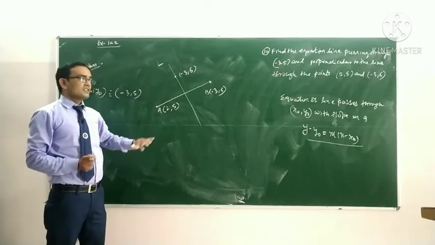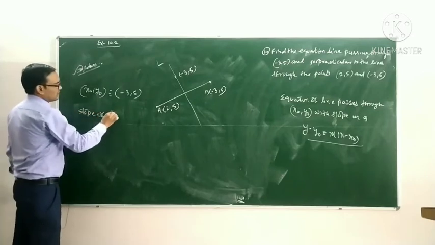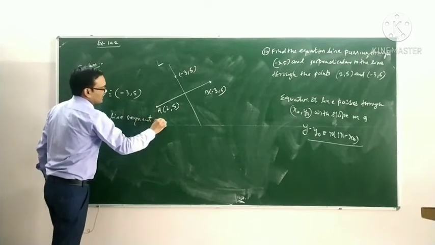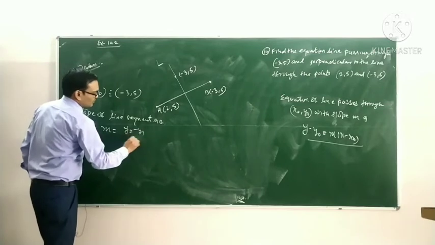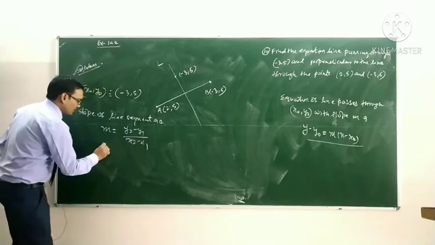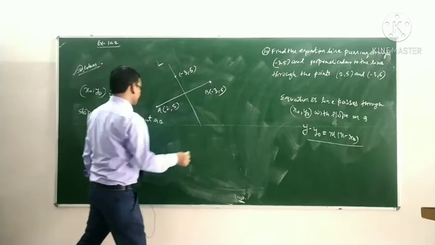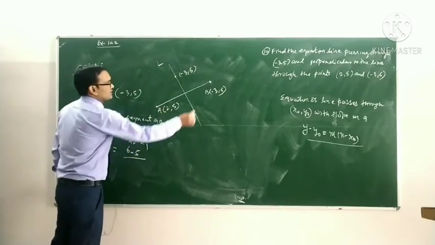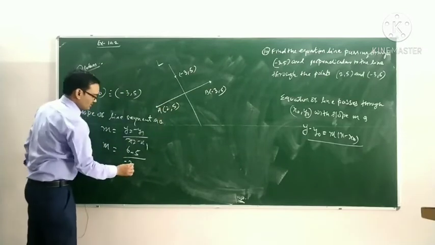Okay students, slope of line segment AB: m equal to y2 minus y1 upon x2 minus x1. m equal to y2, which is 6, minus y1, 5, upon x2, minus 3, minus 2.